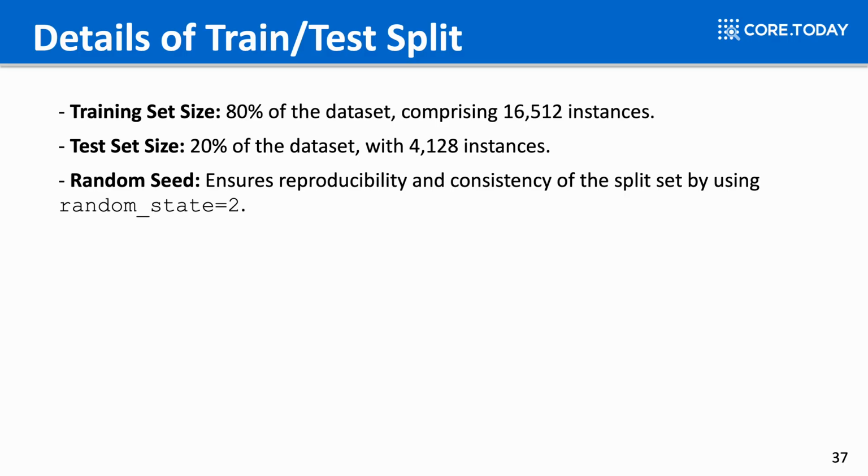Using a random seed ensures consistent results if the split is repeated. A systematic split like this prevents data leakage while providing a reliable benchmark for model evaluation. Remember, these are standard proportions, but they could vary for imbalanced datasets or specific requirements.